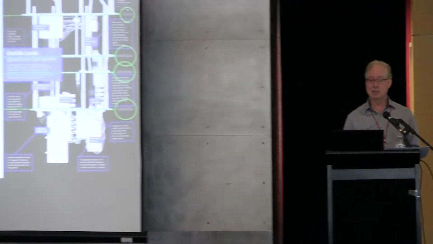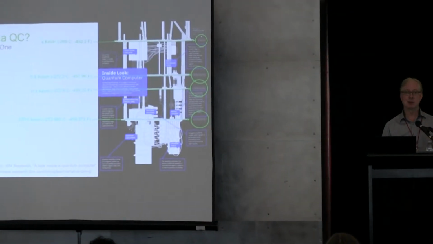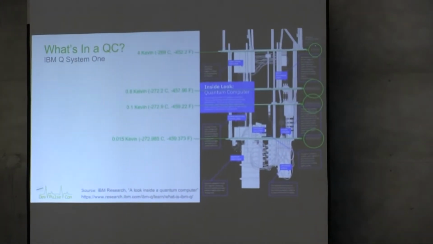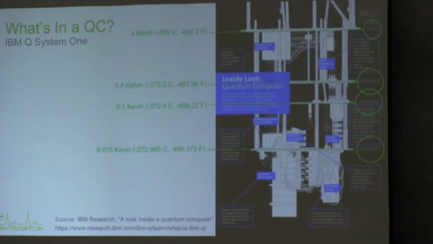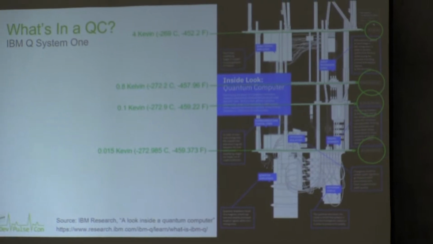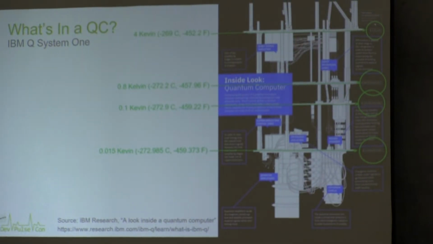So as you see on the slide, that would be about minus 452 Fahrenheit, going down to minus 459.373 Fahrenheit. So the technical challenge of cooling a quantum computer to a very, very low temperature like that is one of the big challenges and helps to explain what all the apparatus is inside of a quantum computer.